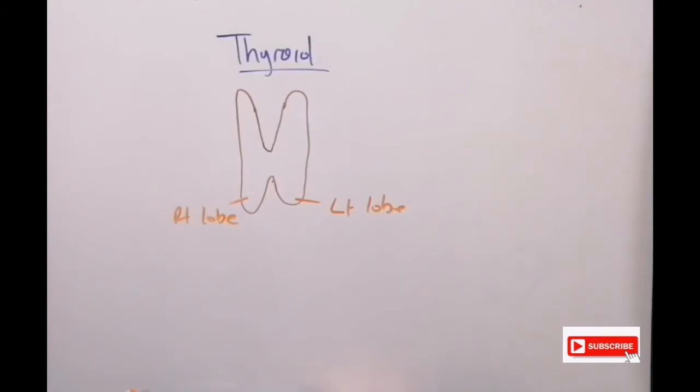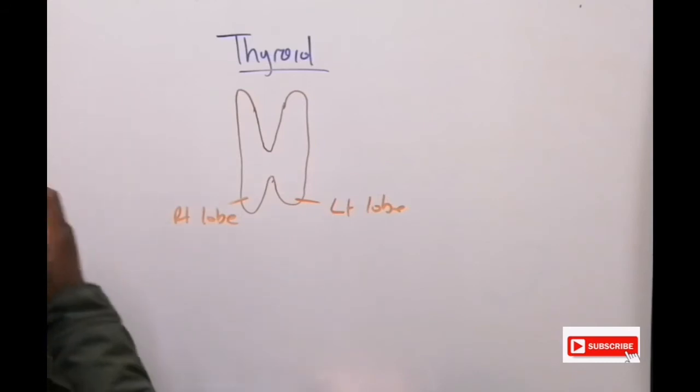The two lobes are connected by the isthmus in the middle, and the thyroid itself is covered by two capsules. There's an outer capsule, which is called the false capsule, and the inner capsule called the true capsule.